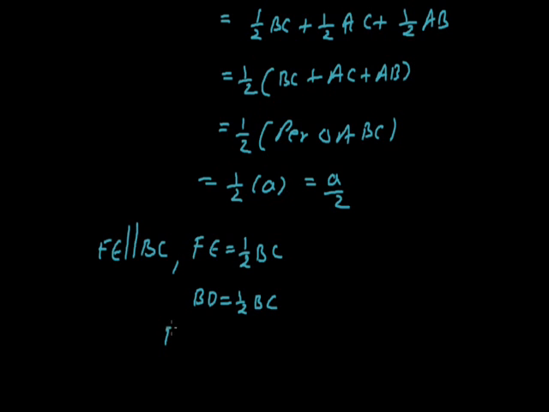So we can say that FE is equal to BD, and FE is parallel to BD because BD is a part of BC. So by the sufficient condition for a quadrilateral to become a parallelogram, one pair of opposite sides is parallel as well as equal.